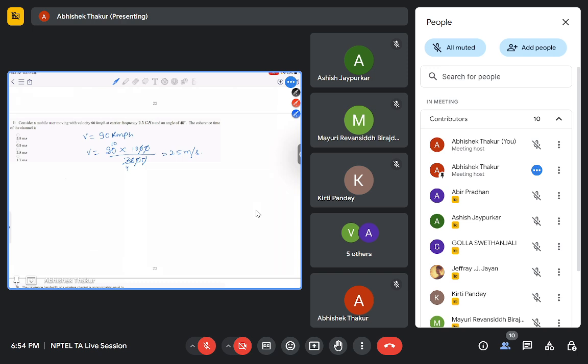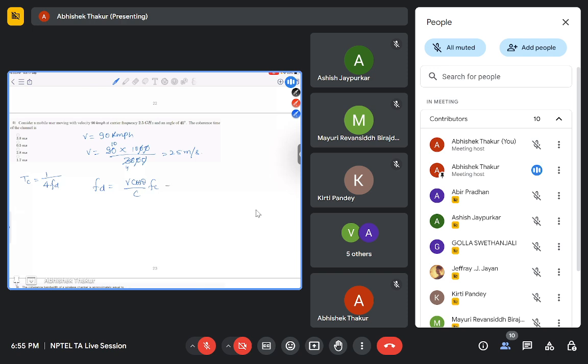And the coherence time we have to find, Tc, that is equal to 1 by 4 of Doppler frequency, but the Doppler frequency Fd is equal to V cos theta by C into Fc, what we have studied just now.